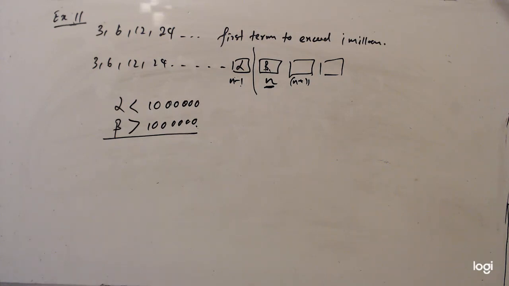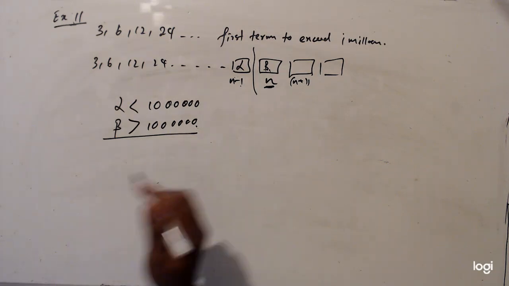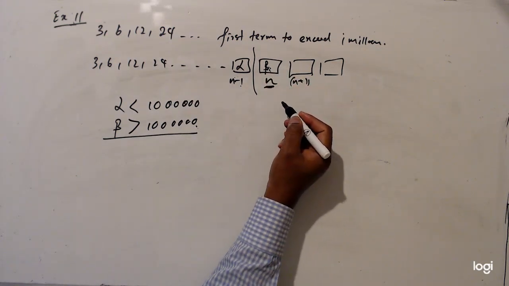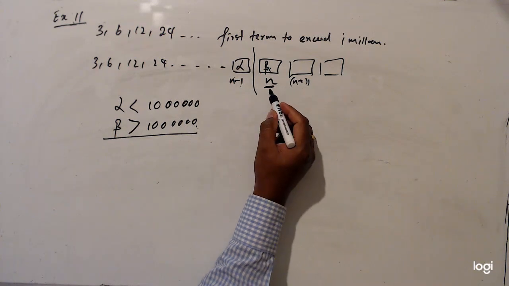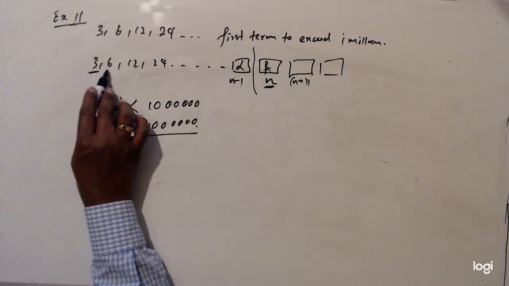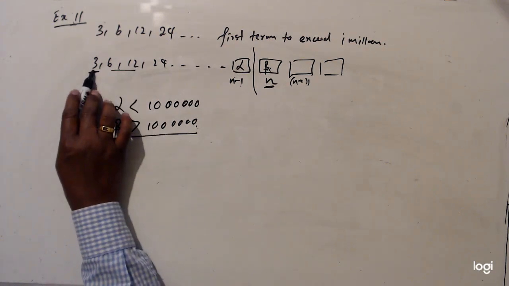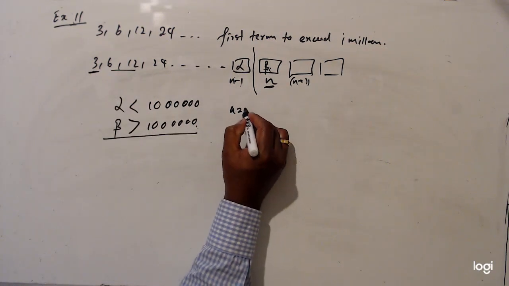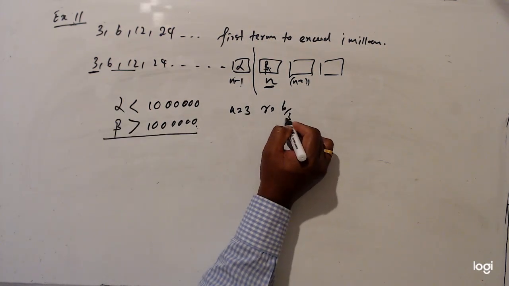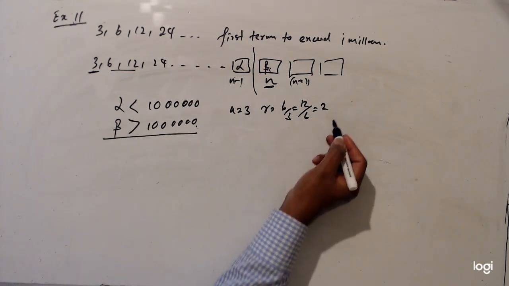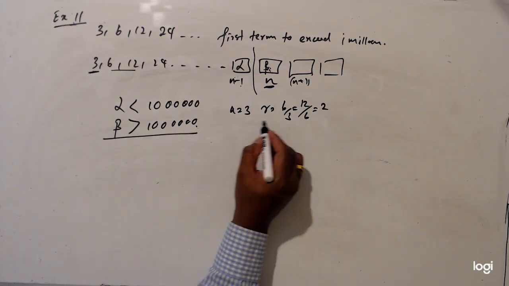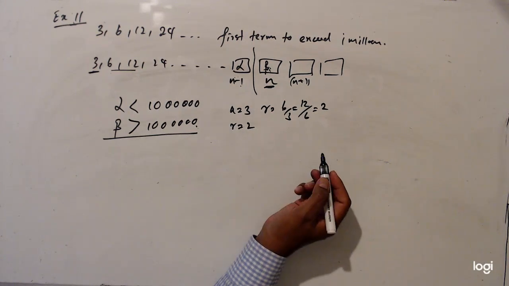So what is this beta term now? We can write this term if we know the first term and the ratio. The first term is 3, and the ratio is 6 divided by 3, 12 divided by 6, which equals 2. So a equals 3, r equals 2.